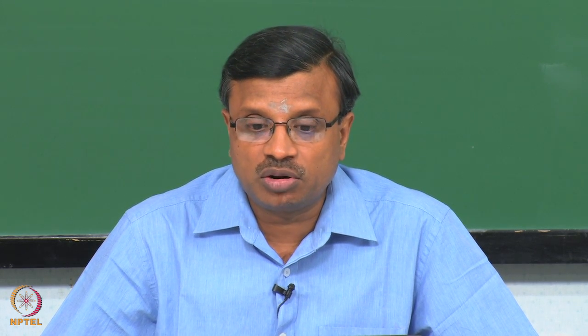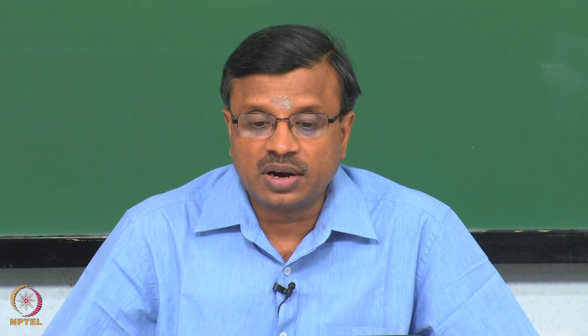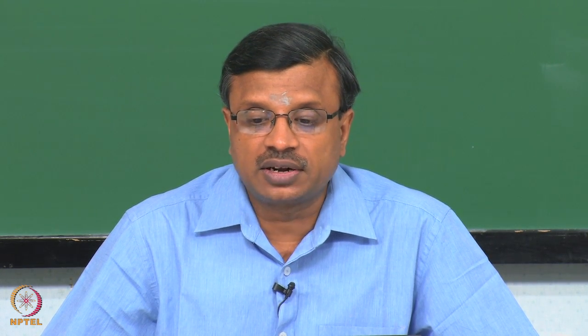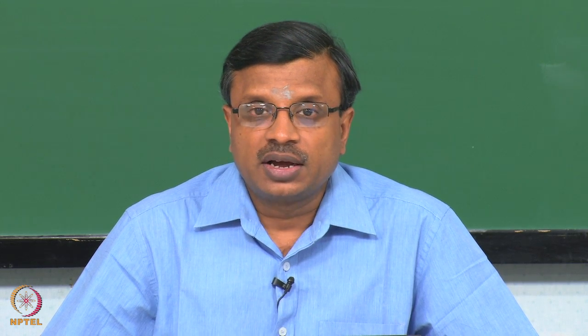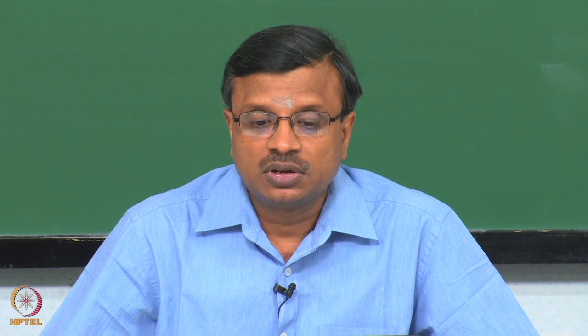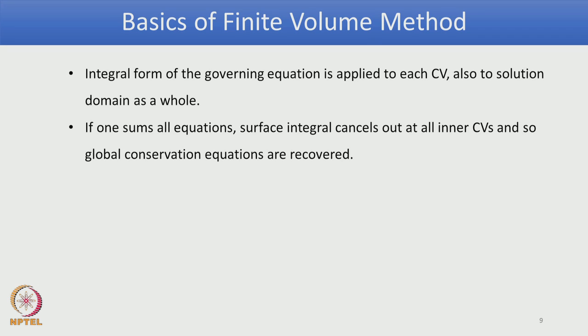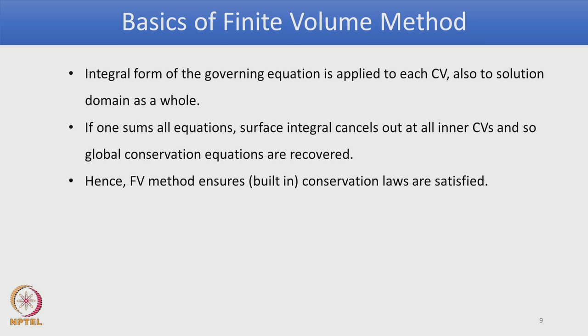If you extend this explanation to all the control volumes together in a domain, you can understand that the surface integrals cancel out. Hence, the conservation equation on a global basis is also satisfied. So, the finite volume method definitely ensures conservation of flux.